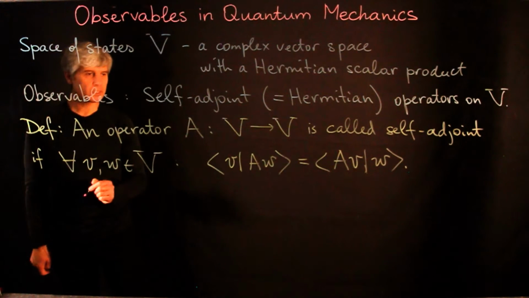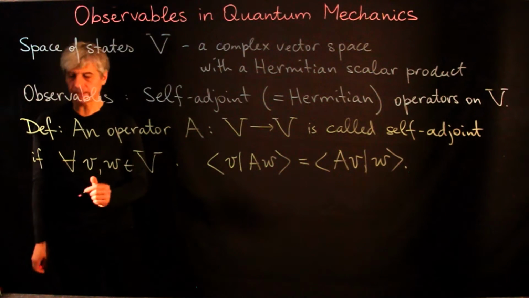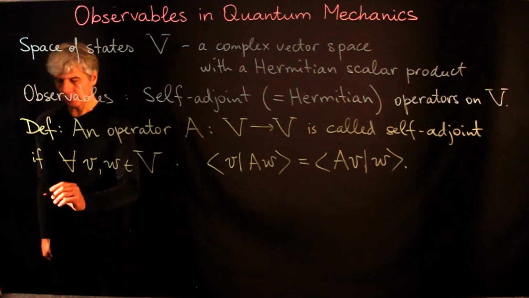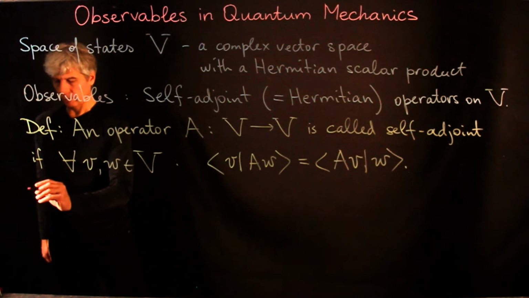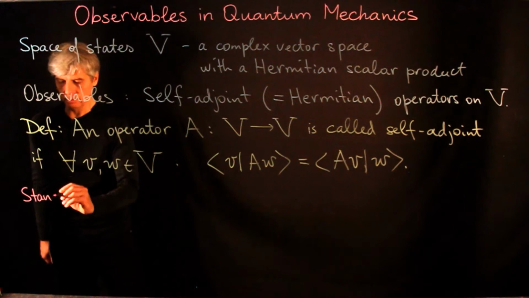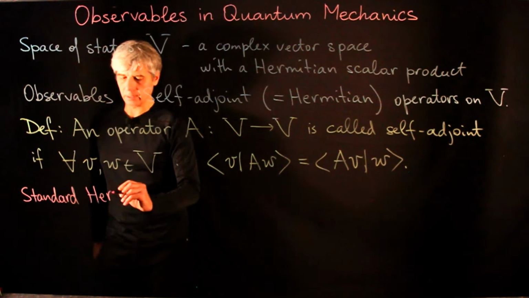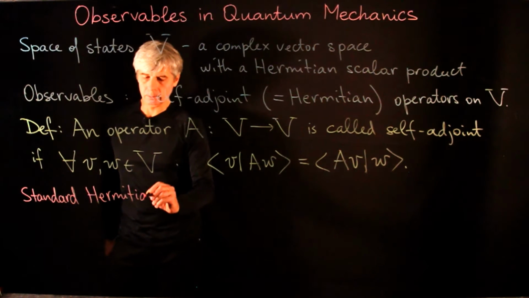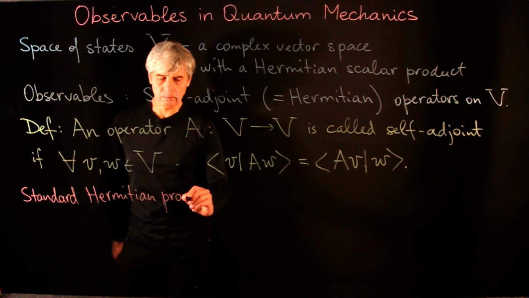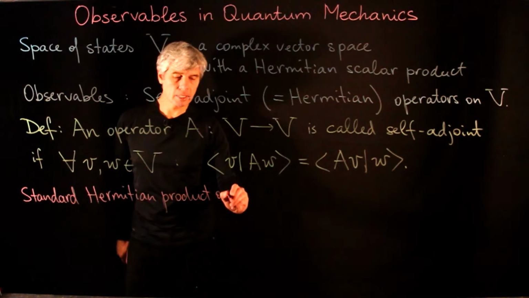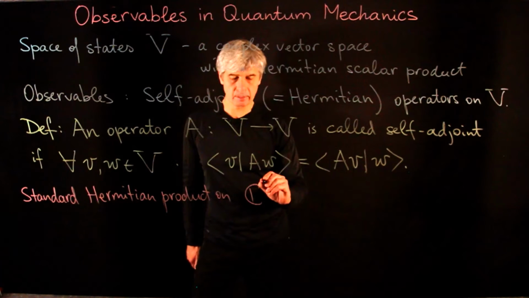So what does this definition tell us for the standard Hermitian product? Suppose we have the standard Hermitian product on Cn, right?